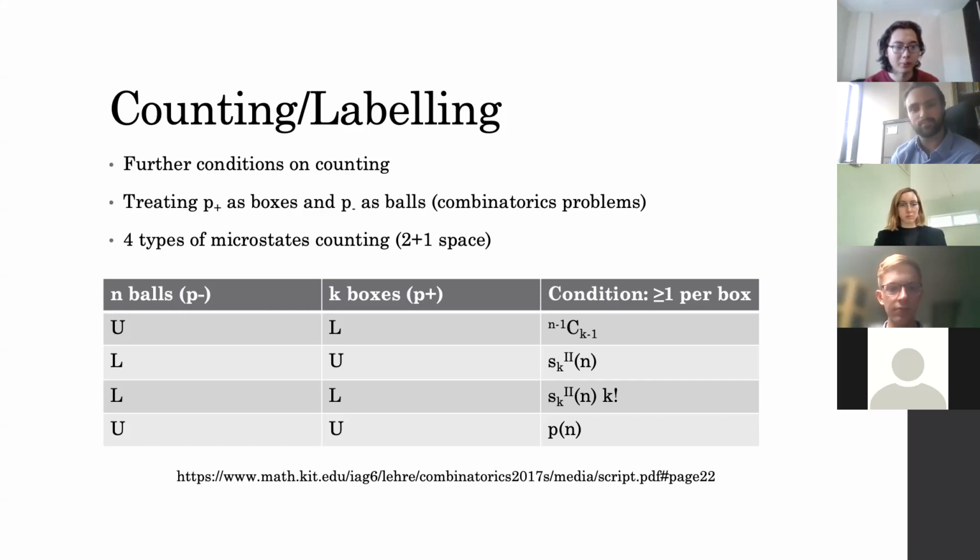There are 4 types of ways to count this. You can see on the table, on the last line, there are unlabeled balls and unlabeled boxes. Then the total number of configurations is just the partition function, from the previous slide, which grows too slowly.